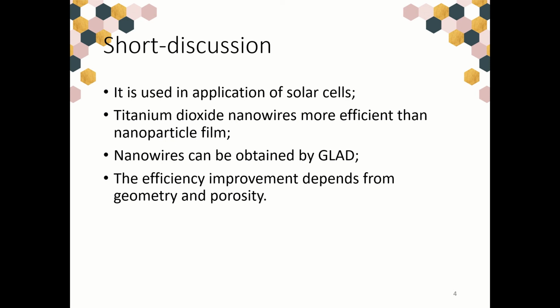The efficiency improvement depends on geometry and porosity. In addition, in classical areas such as optics or wear protection, where high compactness and low porosity are important, the development of thin film deposition procedures aimed at enhancing these morphological structures.